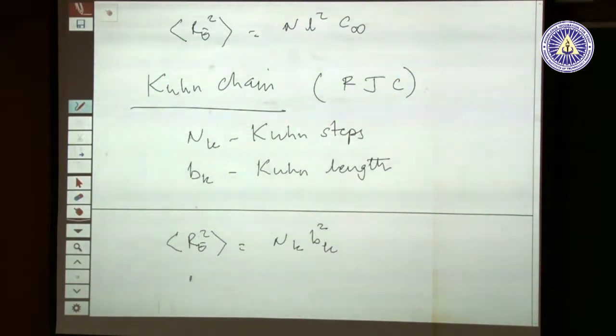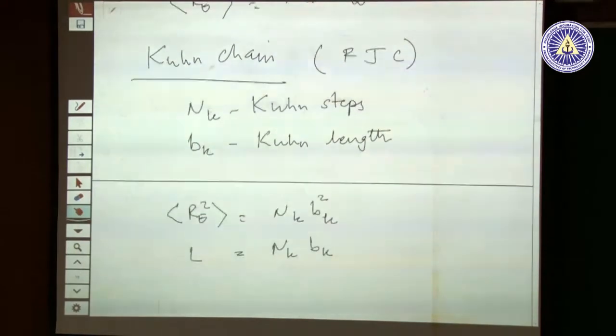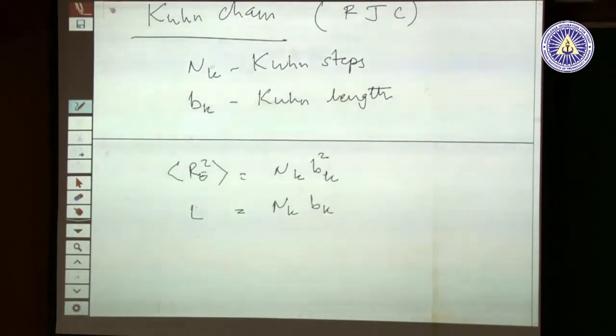The contour length here is nk times bk. This is the length of my chain if I stretch it out: there are nk of them, and each one has length bk. I want this simple model to represent a regular polymer, but I want it to be a freely jointed chain.